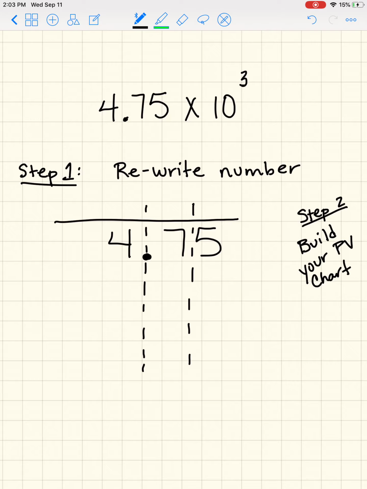So the 4 is going to be in the ones place value. The 7 is in the tenths place value. The 5 is in the hundredths place value.